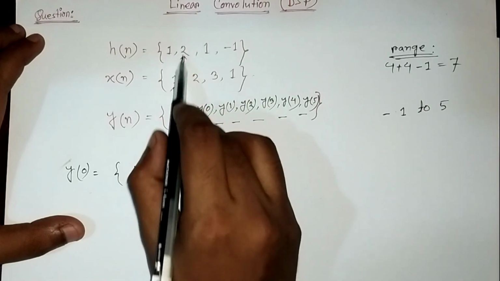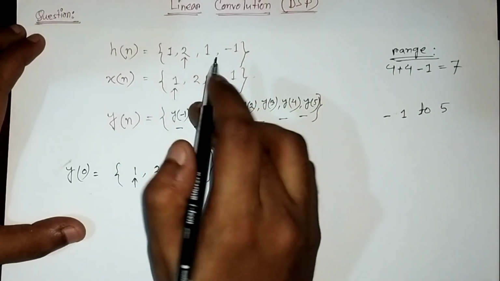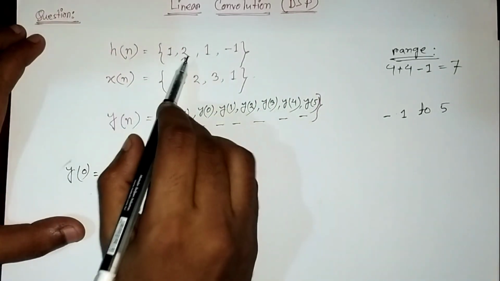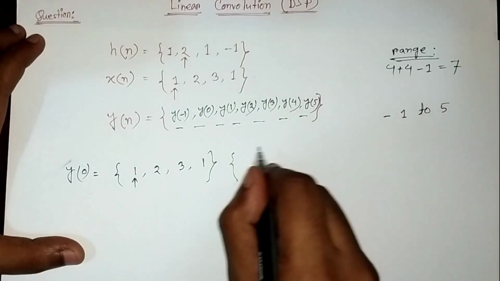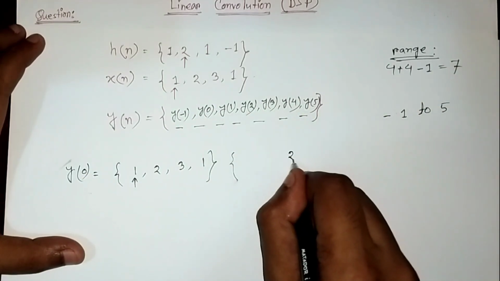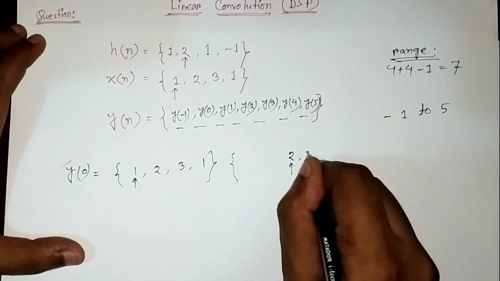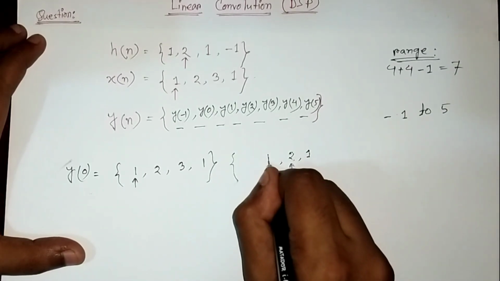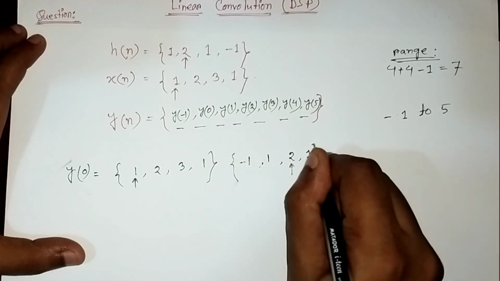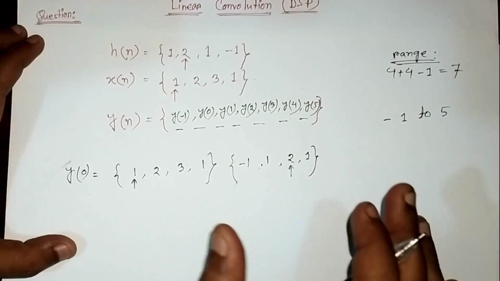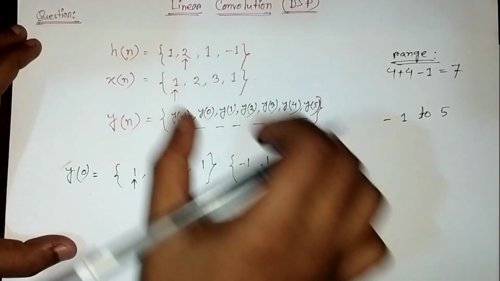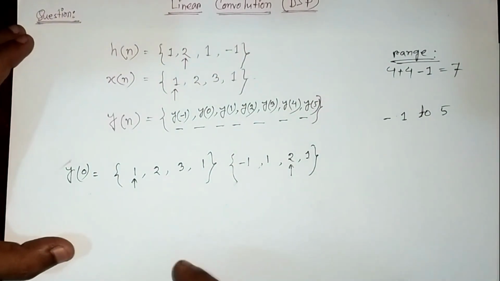See, this 2 represents the 0th position, so whatever is on the right side will go to the left side, and whatever is on the left side will go to the right side. So this will look something like this. Always use the folded version of the impulse sequence. Just keep that in mind.